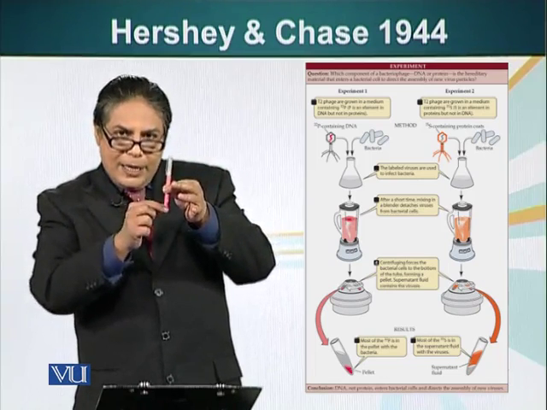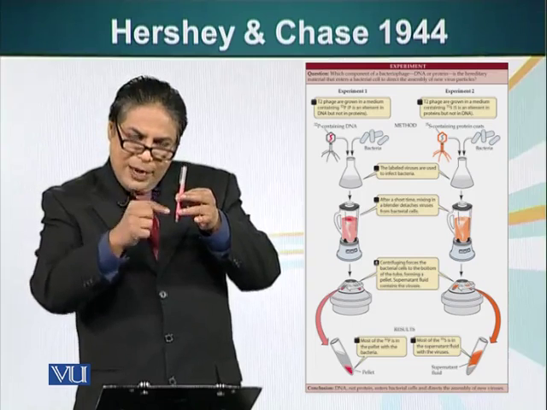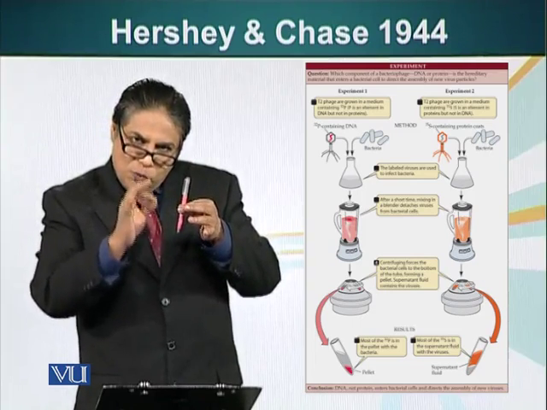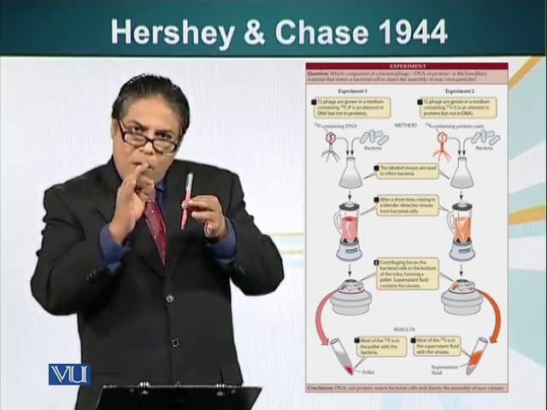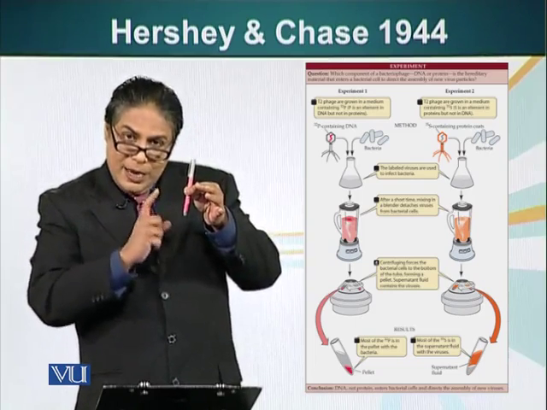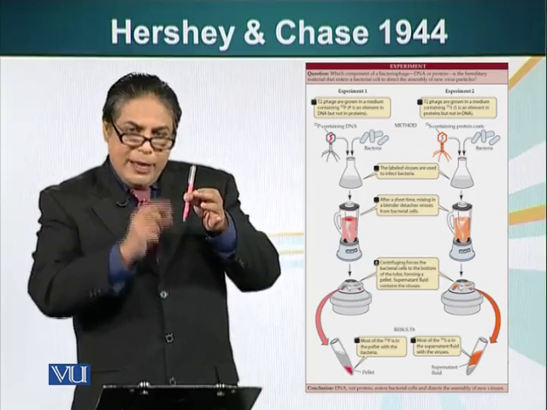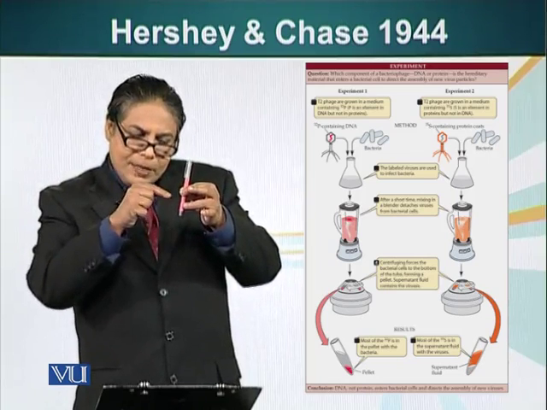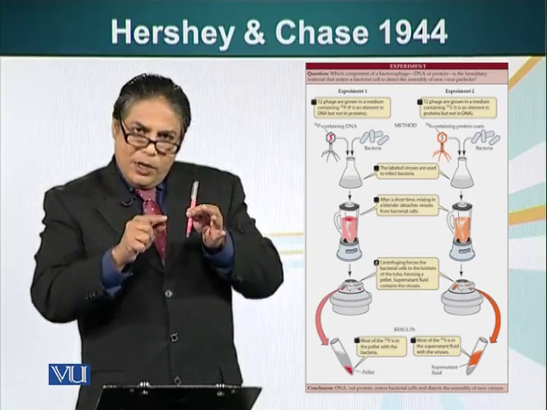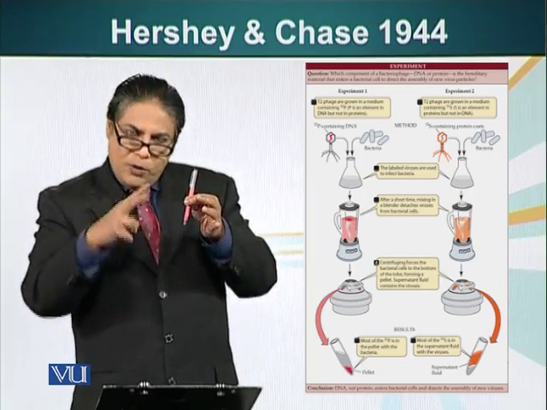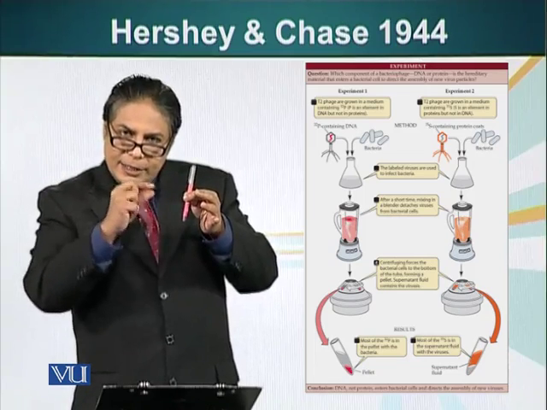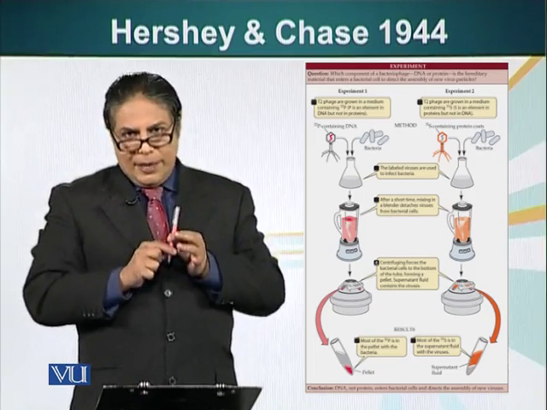However, if the pellet of the bacteria which were exposed to viruses with the heavier radioisotope of phosphorus is radioactive, it would imply that the DNA molecule, since phosphorus is present in DNA and we have only two candidates, protein or DNA, is the molecule that went inside the bacteria.